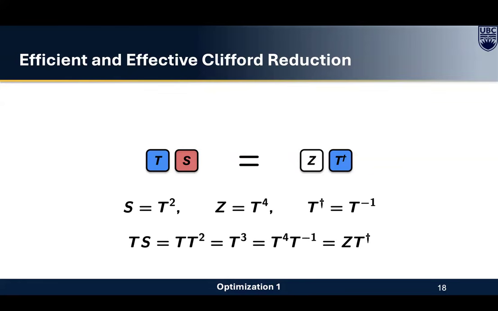So the TS is actually just T times T squared, that is the S gate, and they end up being T to the third power. And T to the third power is actually just T to the fourth times T to the minus one, which is the Z gate times the T dagger. There are other ways to prove this. You can also write down their gate matrices and multiply them and see that they do end up with the same gate matrices. But this is one way to demonstrate that.